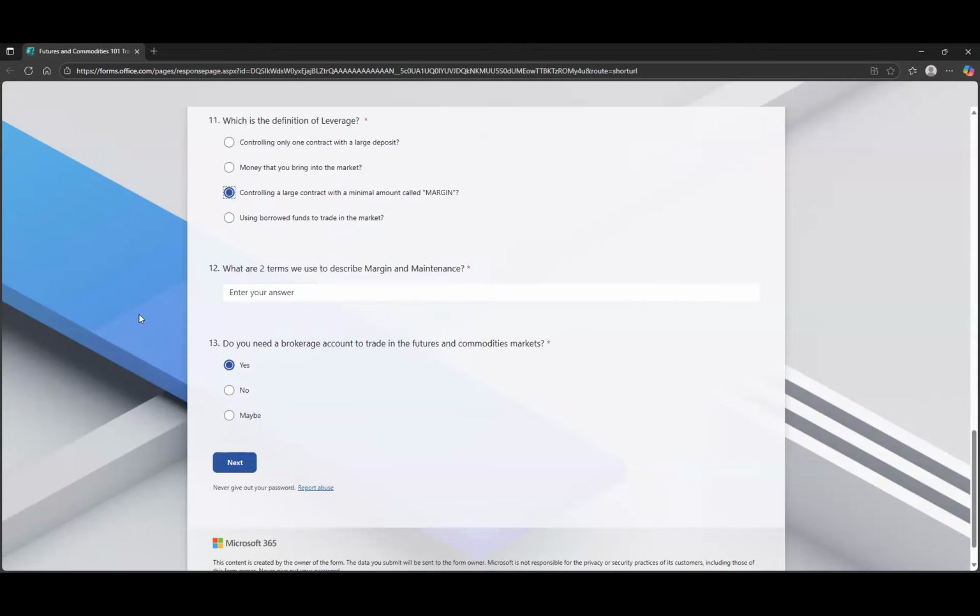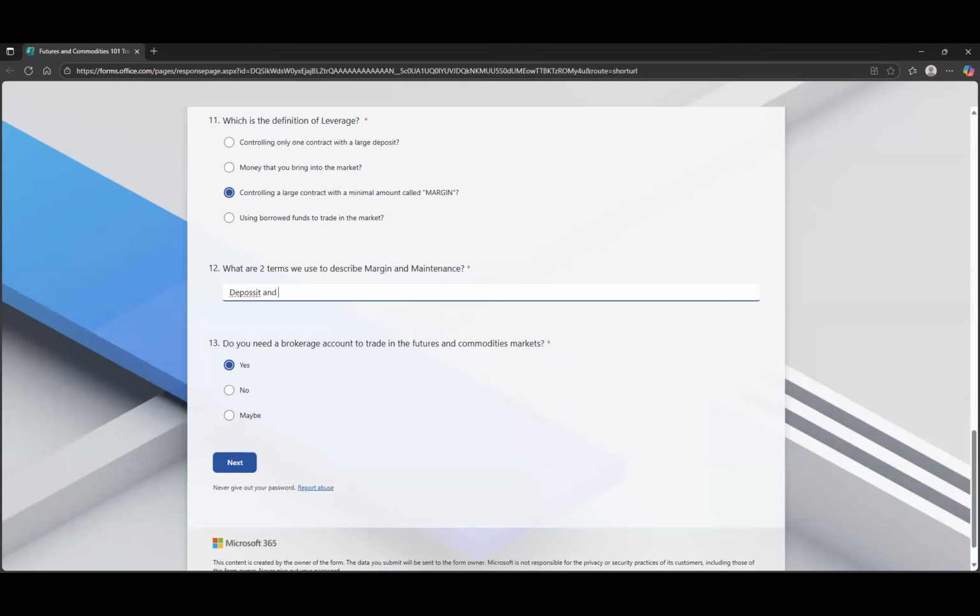What are two terms used to describe margin and maintenance? We got that a few weeks ago. Deposit and balance. Say that again, Alice. Deposit and balance.